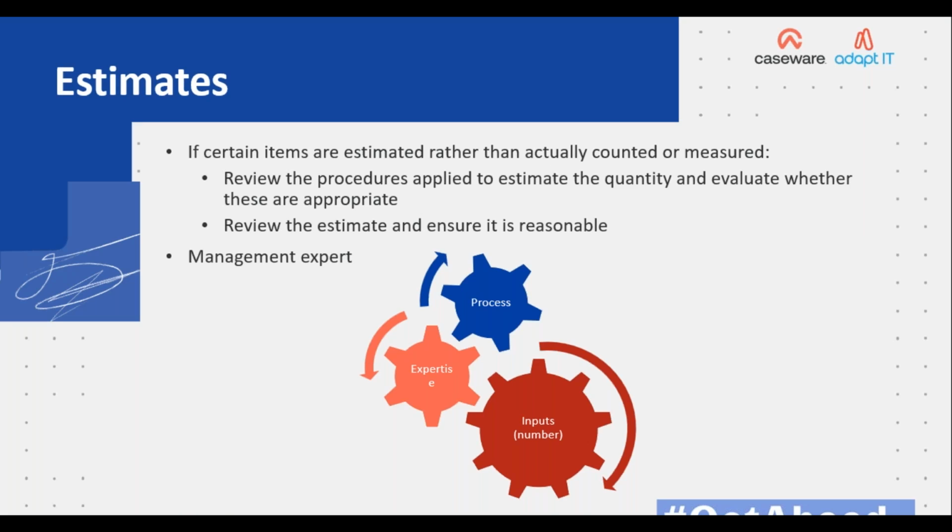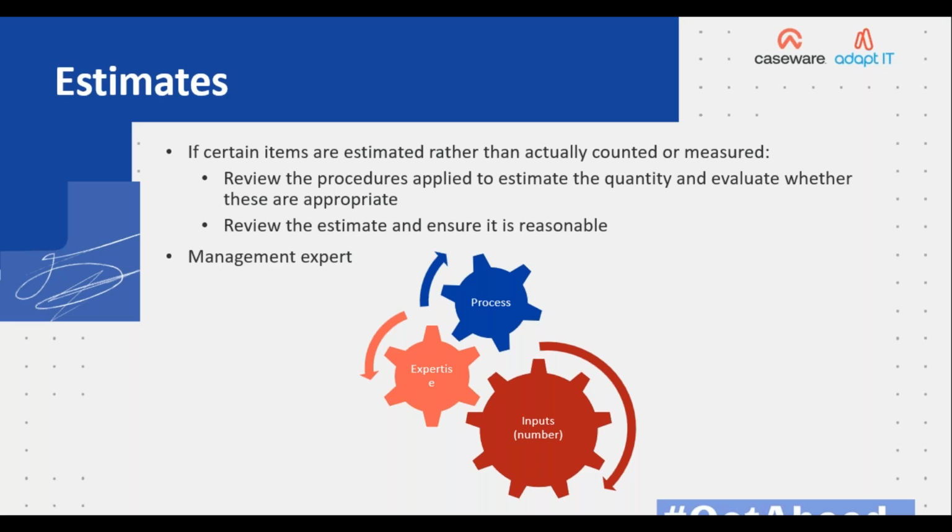Now, if some items are estimated rather than actually counted or measured, we are now touching base on your ISA 540, your revised estimates. Then review the procedures applied to estimate the quantity, evaluate whether these are appropriate, review the estimate, and ensure it is reasonable.